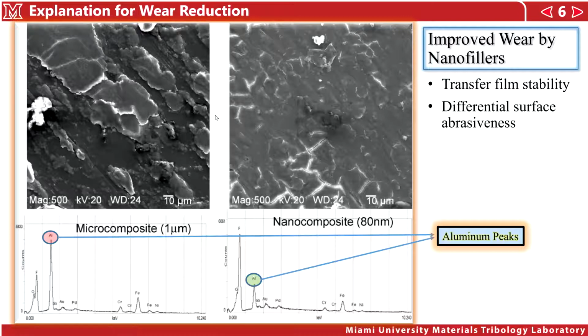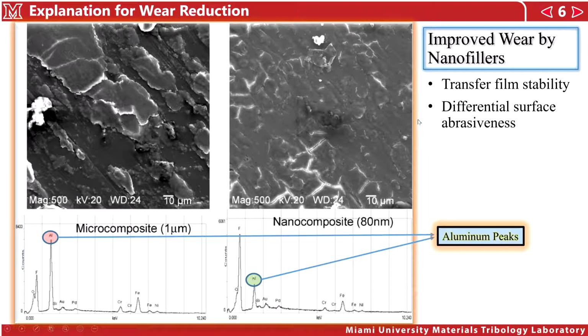It is an important factor in understanding how the wear rate of PTFE and its composites are affected. So now that we know what a transfer film is, we can talk about the mechanisms.